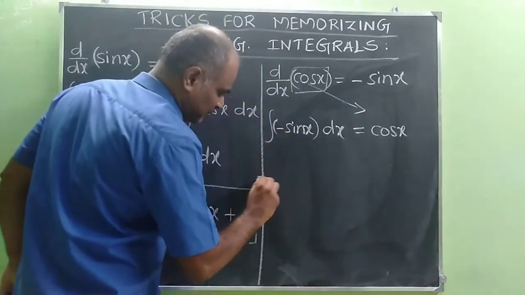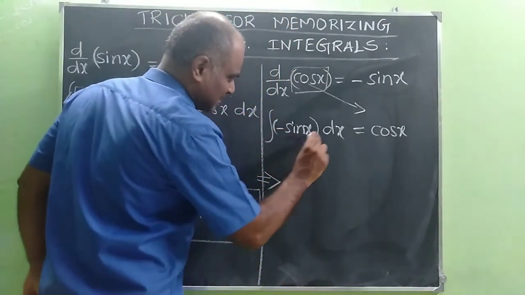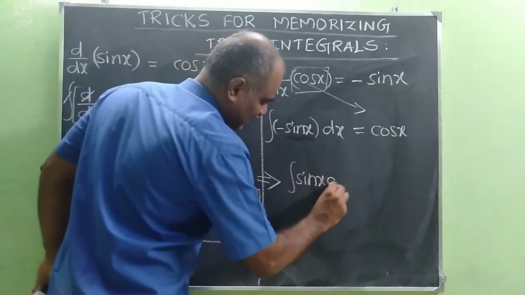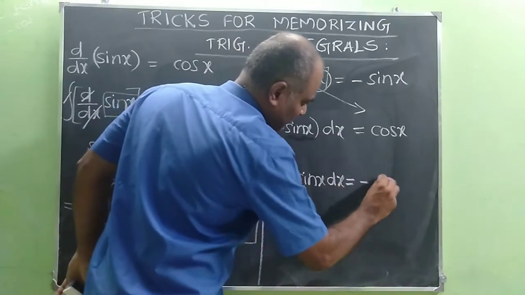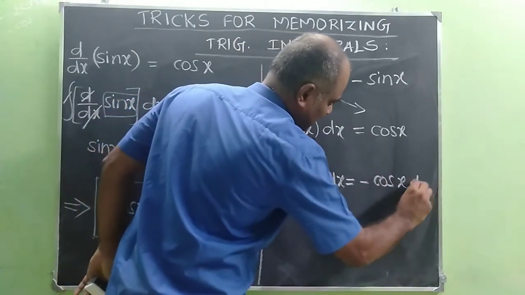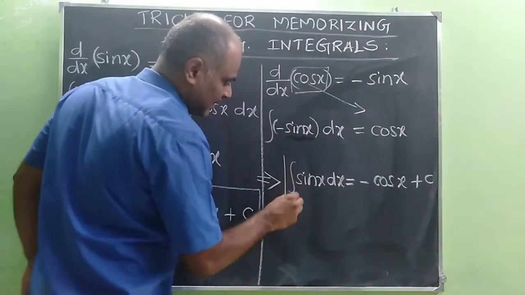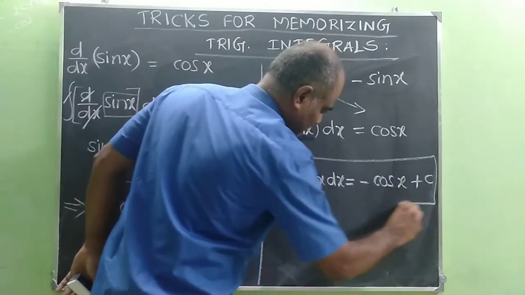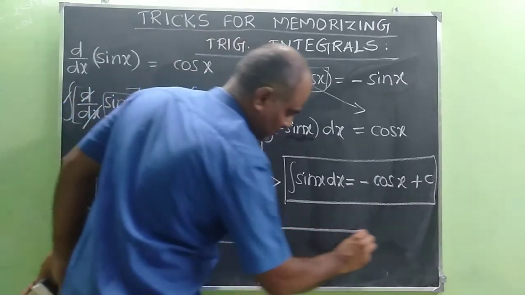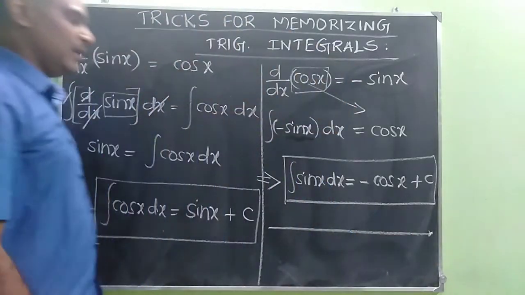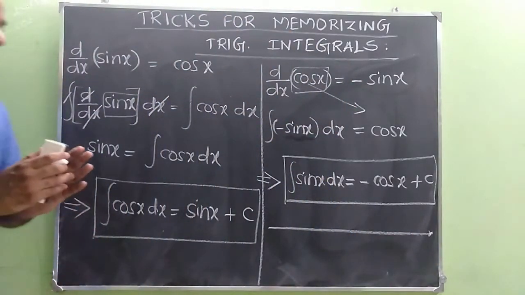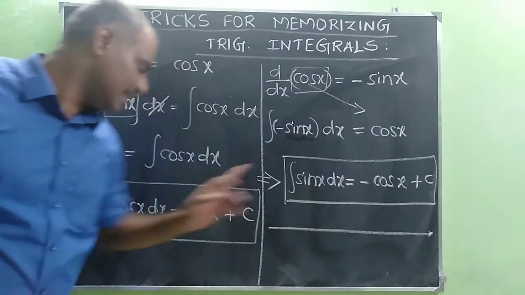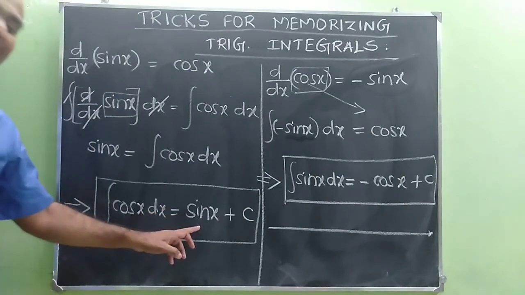Then this implies we take only sin x as the integrand: integration of sin x dx equals minus cos x plus c. It is an indefinite integral, so we add one constant c. These are the integrations of single functions. Integration of sin x is minus cos x, integration of cos x is sin x.